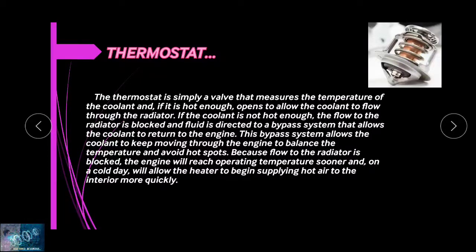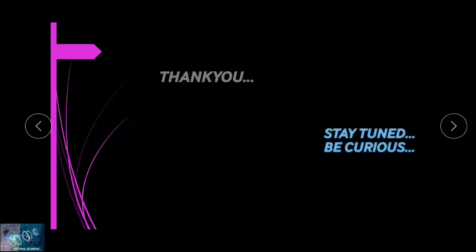This bypass system allows the coolant to keep moving through the engine to balance the temperature and avoid hot spots. Because flow to the radiator is blocked, the engine will reach operating temperature sooner, and on a cold day will allow the heater to begin supplying hot air to the interior more quickly.